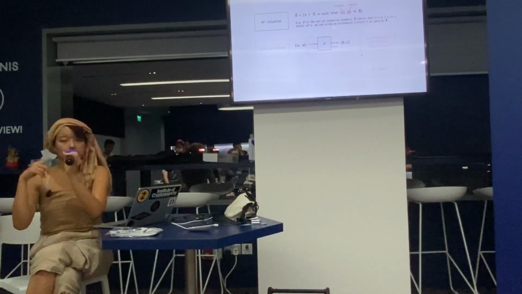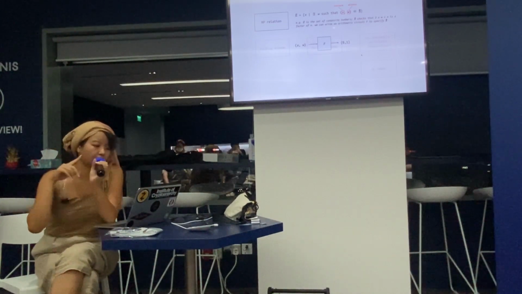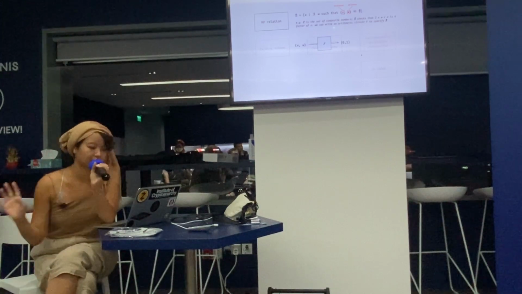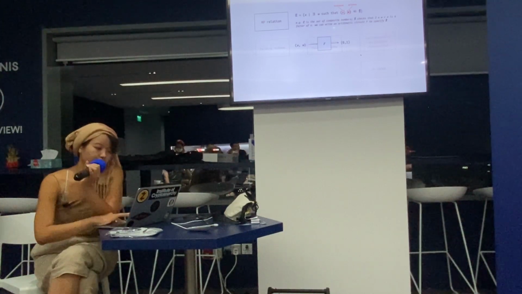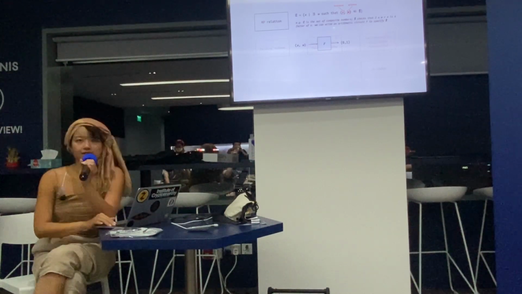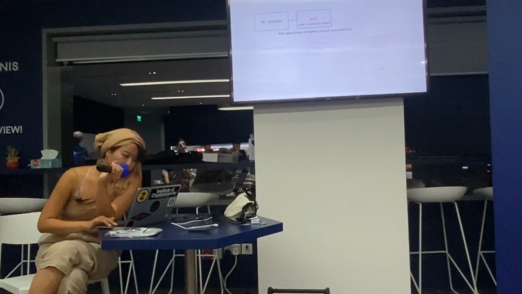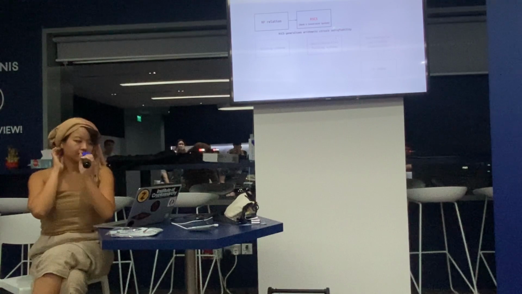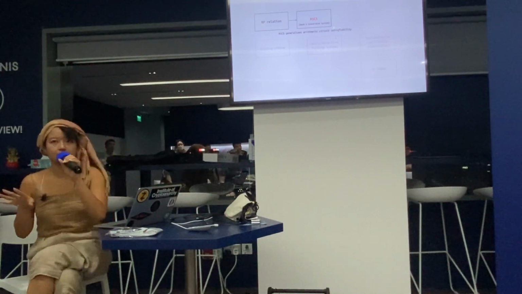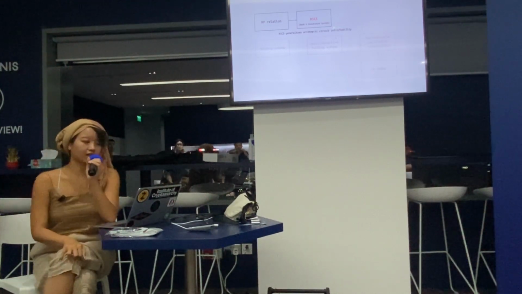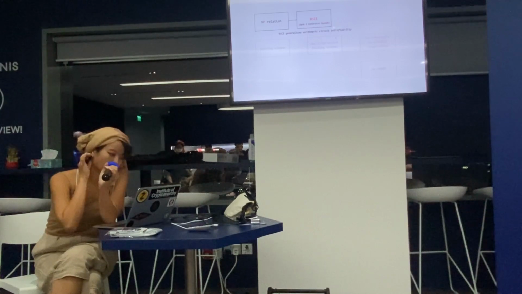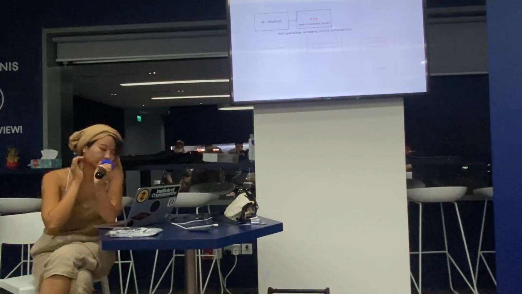This relation R, we can encode in an arithmetic circuit. This is what is known as arithmetization in the zero-knowledge world.